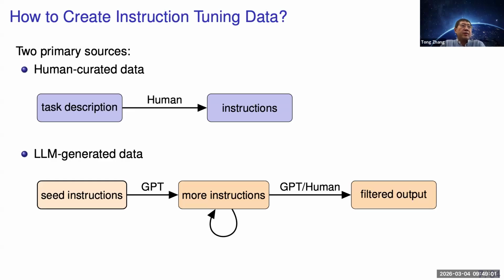You have seed instructions, you generate more instructions, you filter out some responses, and you iterate. So this one gets you much more. When we say million-level instructions, usually those are not human-created; those are automatically created. Those kinds of instructions have open-source versions available.